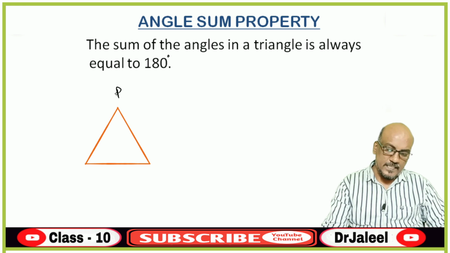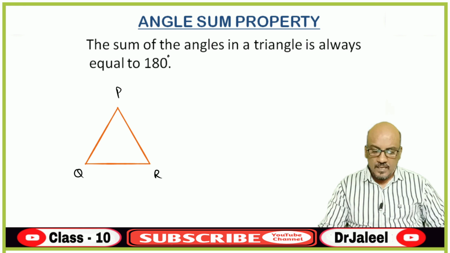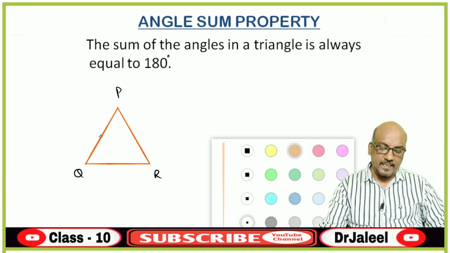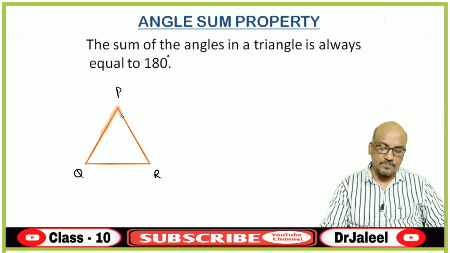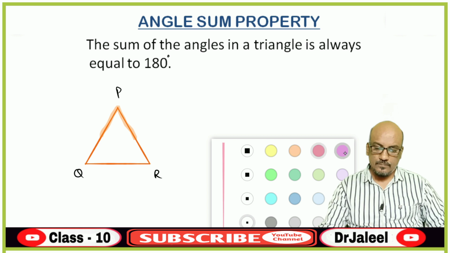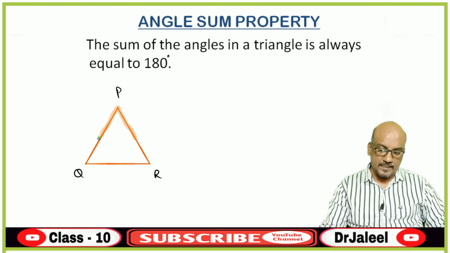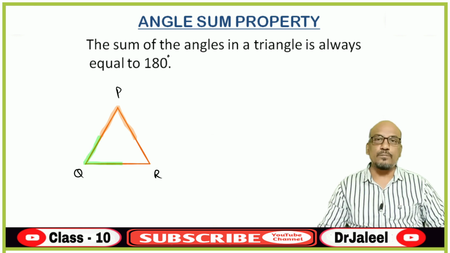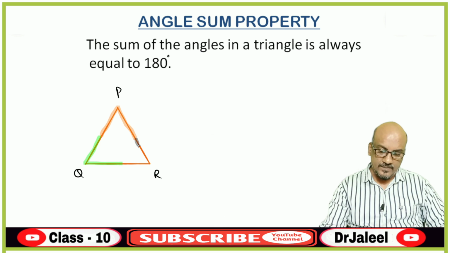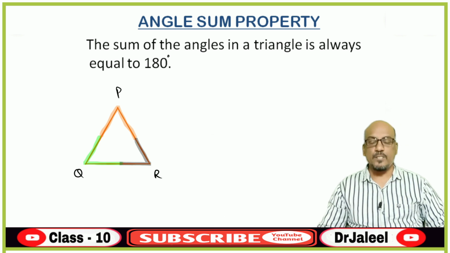Let us name this triangle as P, Q, R. As there are three angles, I will take three different colors to represent these angles. I have taken one color for P, then I am taking green for Q, and I'll take some other color for R. So children, here there are three angles.